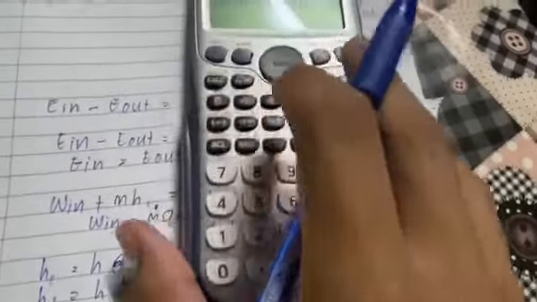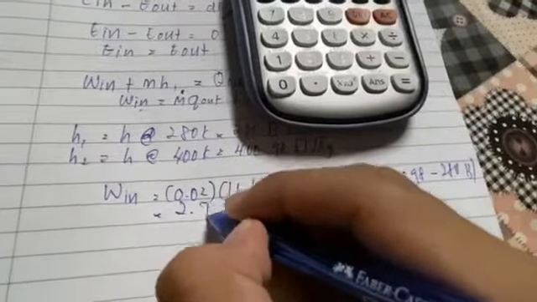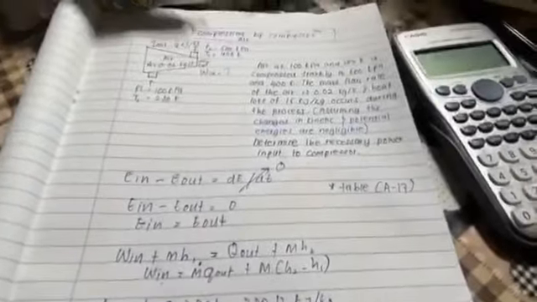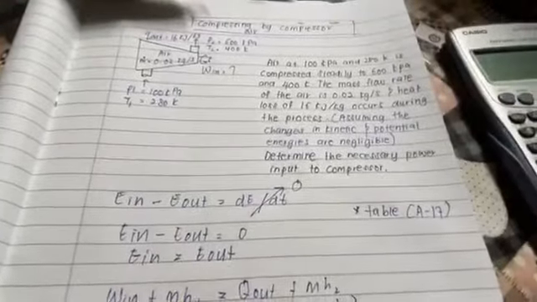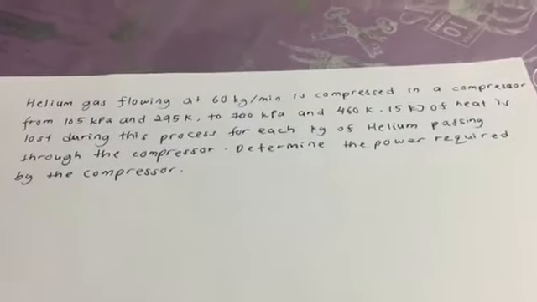So here is the answer: 2.74 kilowatt, which must remain with the SI unit. So here is the answer for example 1, compressing air. Done. Okay, this is the second question.